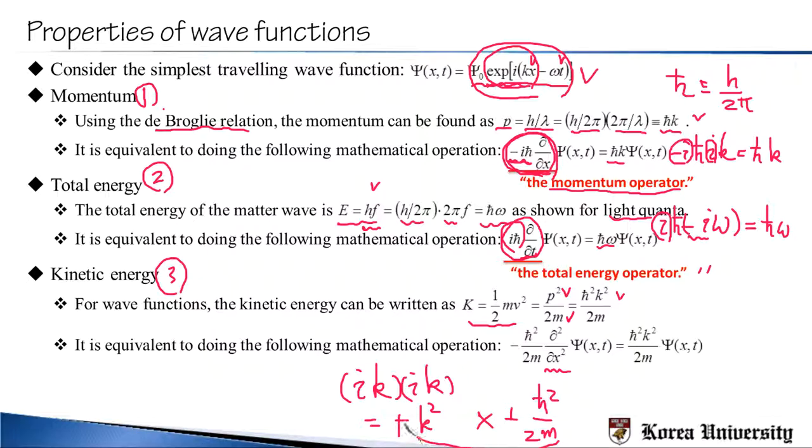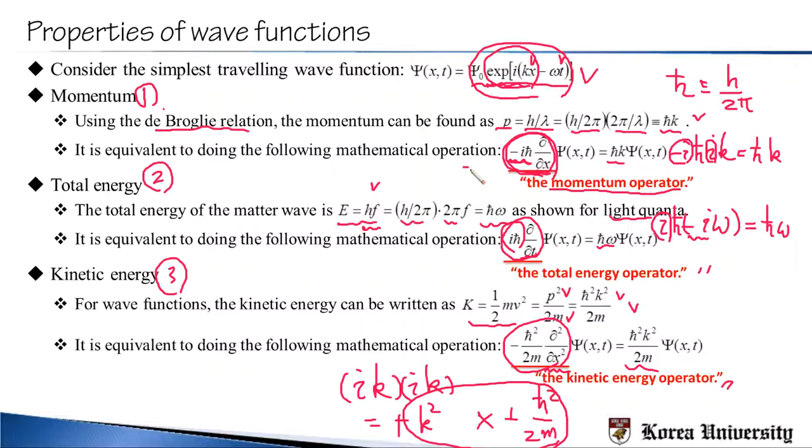What you get finally is exactly the kinetic energy. Following the same logic, we call this mathematical operation the kinetic energy operator. Okay, this is how we represent the kinetic energy, total energy, and momentum of the matter waves by using mathematical operators.